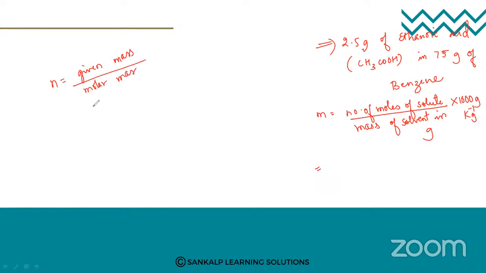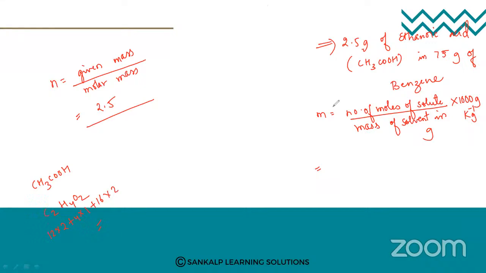Given mass is 2.5. Molar mass of CH3COOH, that is C2H4O2, is 12 into 2 plus 4 into 1 plus 16 into 2.